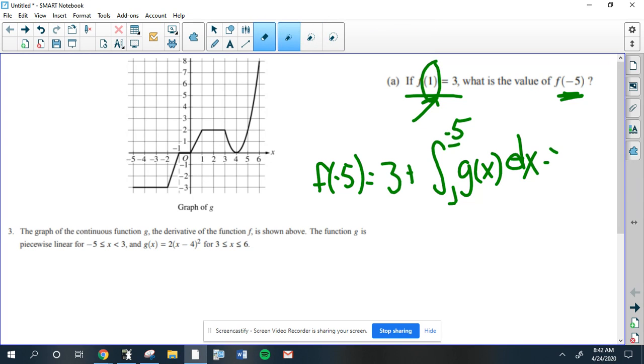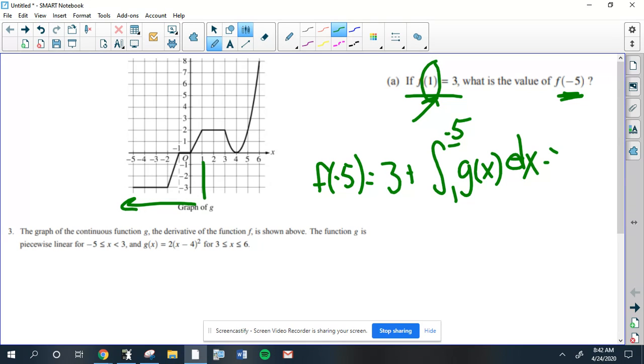For my eraser, that's a 1. So to calculate that, from 1 to -5 is from here to here.